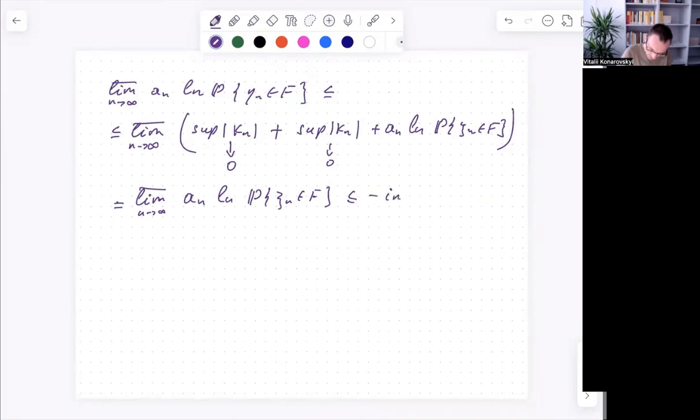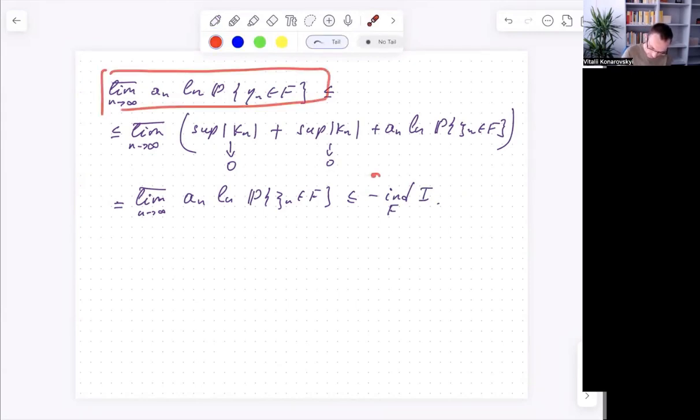It is minus the infimum over the set F of the function I. And that gives us the upper bound. We started from here, we obtained that.